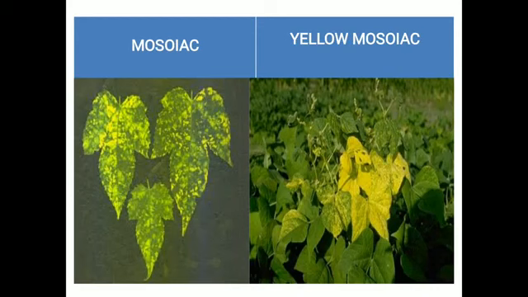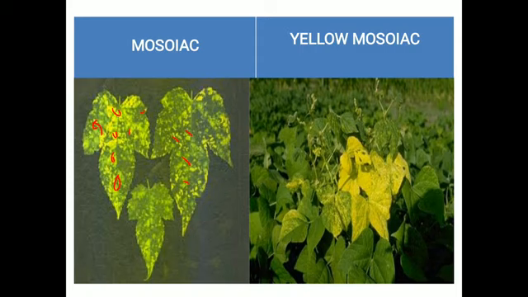Mosaic is nothing but a loss of chlorophyll in uneven patches. That means there is a loss of chlorophyll here, but in patches. So due to that, yellowish green color is observed on the leaves. This is called mosaic.